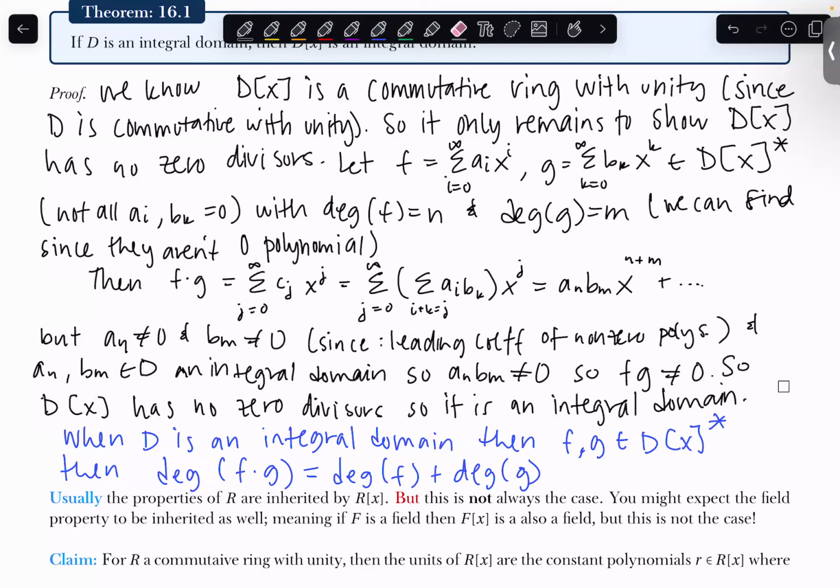So when I have an integral domain, things are going to work really nicely when I multiply together. I can't go down, and so I won't get zero divisors here. But when I have zero divisors in my coefficient ring, I could possibly get them in my polynomial ring as well. Okay, so we did a little bit more than what we needed to, but this is going to be helpful for some other theorems that we'll look at.